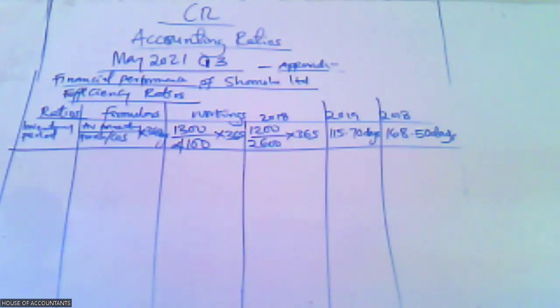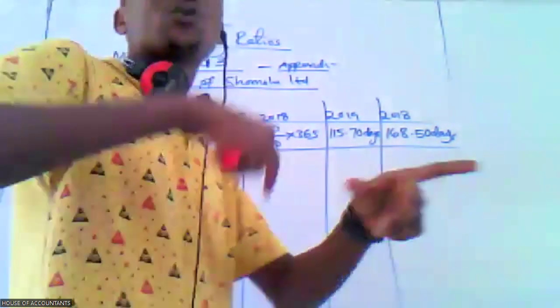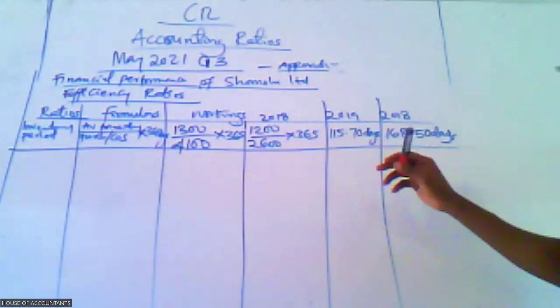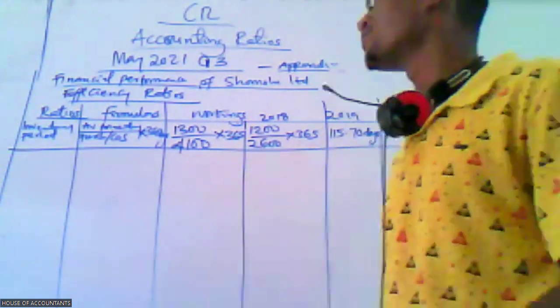The lower the inventory days, they are doing better in 2019, because the days to turn the inventory to cash is lower. They will get their money on time.